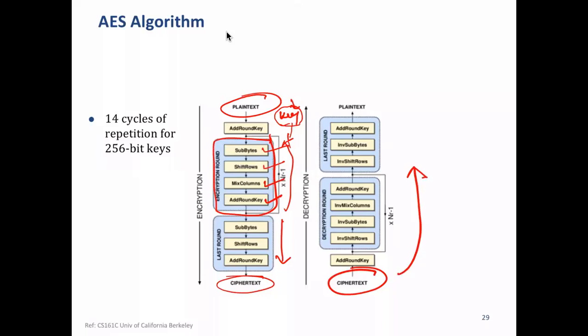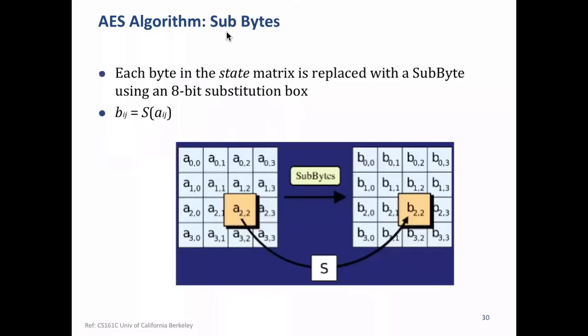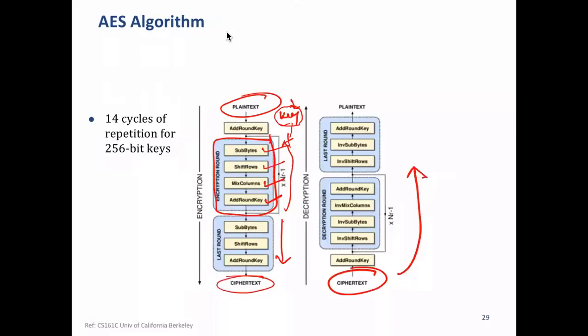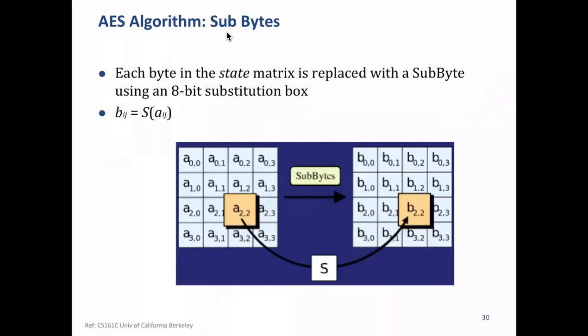Okay, so just one or two steps are shown here. For example, when we say substitute bytes, note that we are using a 128 bit block, which means 16 bytes. So here we have 16 bytes, and this is one block. We can show this in terms of a matrix.